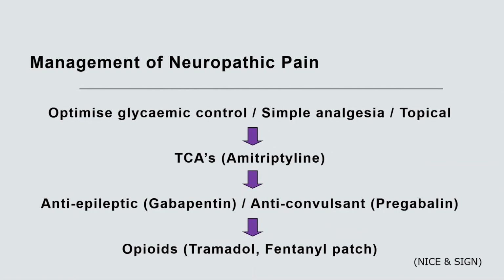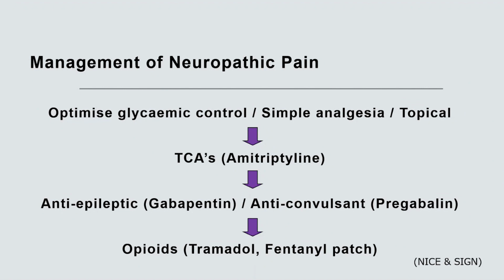And then these seem to be the next line. But then some people do need opioids. And if they're asking for drugs, opioids like tramadol, fentanyl patches, oromorph, these can be really useful for controlling pain.